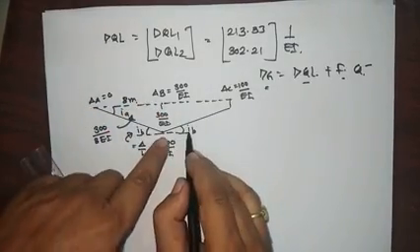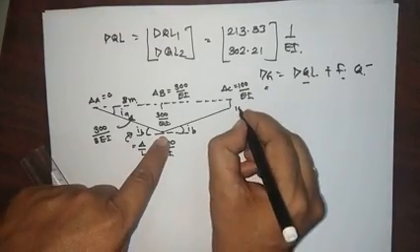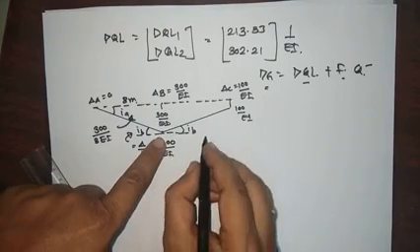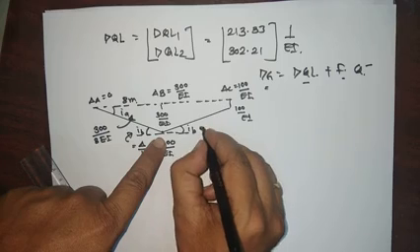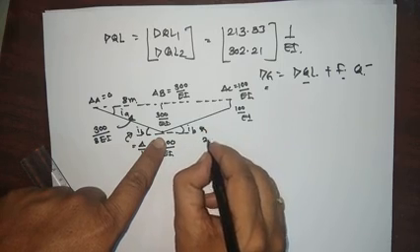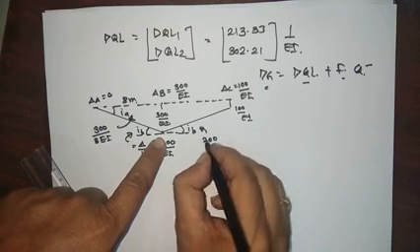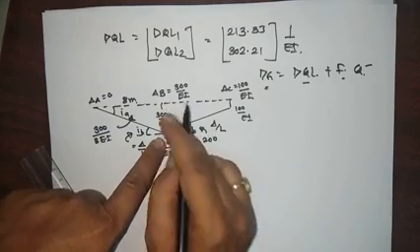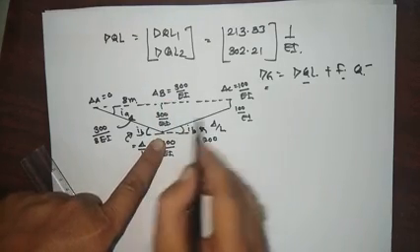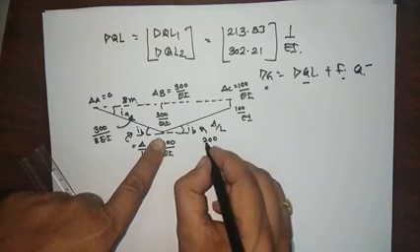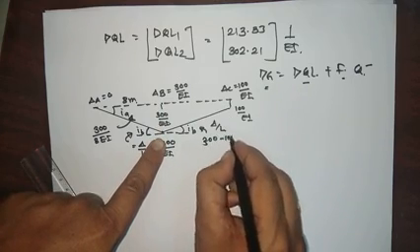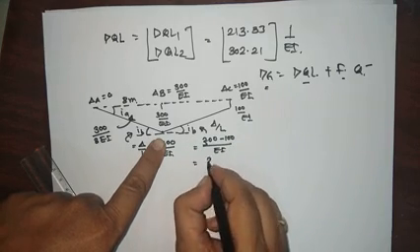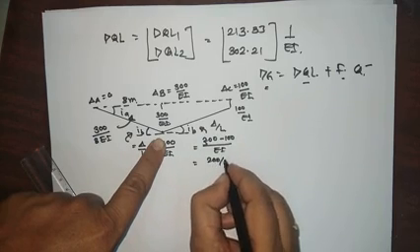Now here at B, because this is 100 divided by EI and this is 300 by EI, this becomes 200. The formula is delta by L here also. So this delta minus this delta, so this becomes 300 minus 100 divided by EI, so this becomes 200 divided by EI.